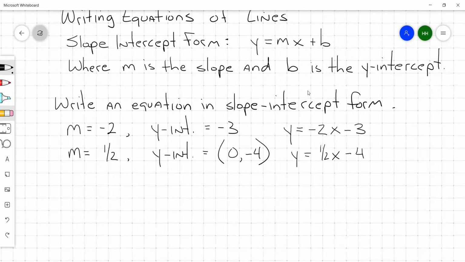So this y value, when the x value is equal to 0, is where the line hits the y-axis. So these two are going to be the same. And I know you all did that last year. Well, maybe not.